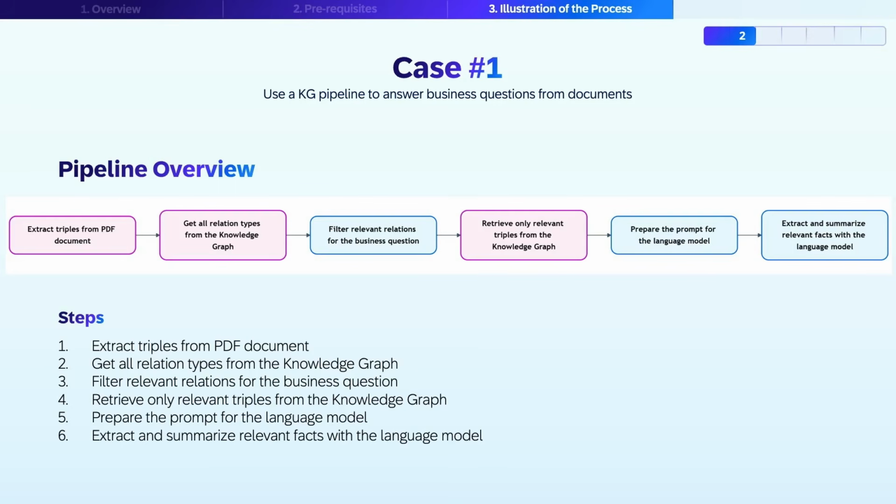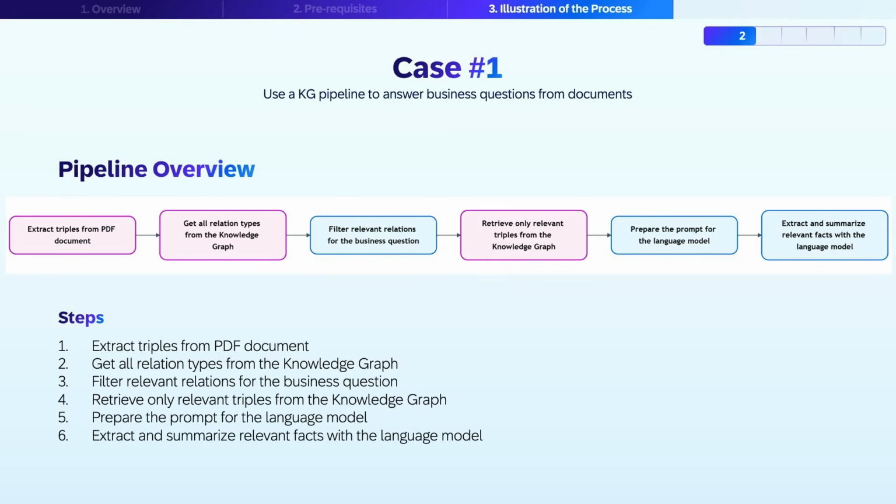This example shows how we use a knowledge graph query pipeline to extract relevant information from equipment specification documents. The goal is to enrich large language model responses with facts derived directly from structured triples. First, we extract triples from the PDF and store them in SAP HANA Cloud.